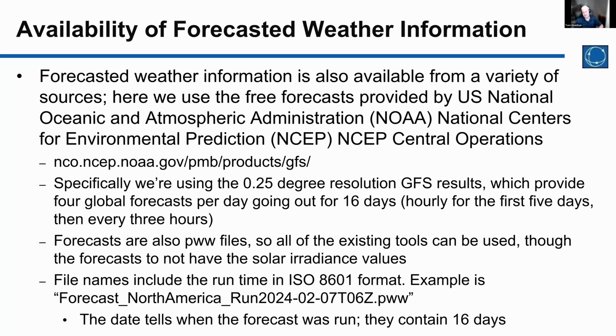And then the T is the time, we just give hourly, so it was run at 6 o'clock. And then the Z is, this is a standard, ISO 8601 format. The Z indicates that it's in UTC. So in central time it was run at midnight between the 6th and the 7th. And then it goes out for 16 days. So the PWW file will contain data for 16 days.